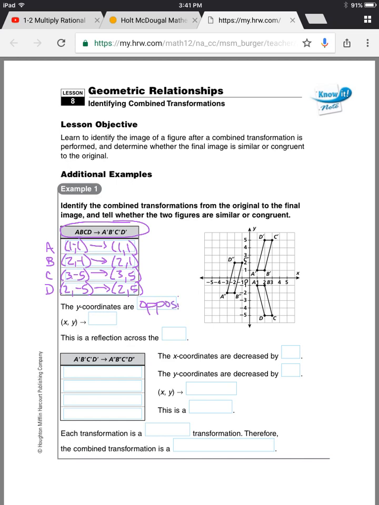Meaning if they were originally positive, they went to negative, and if they were originally negative, they went to positives. So the x, y is x and negative y because we multiplied each y value by a negative in order to get the new y value. So this is a reflection across the x axis.